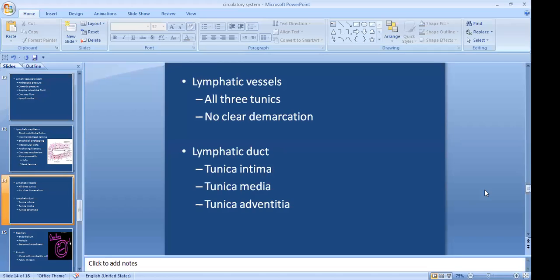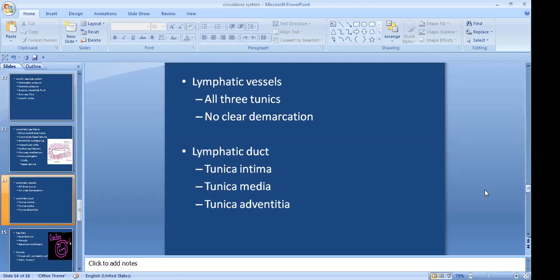We discussed this in the large arteries also. If you remember, we told you that all the three tunicas cannot be clearly demarcated in the large arteries. And we discussed the same thing in the veins. Here in case of lymphatic vessels, the three tunicas cannot be clearly demarcated.